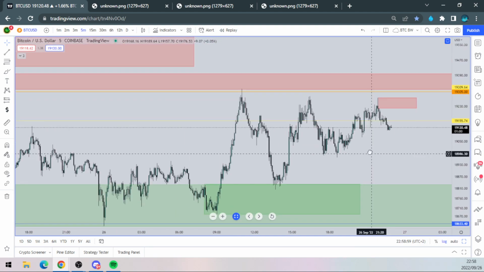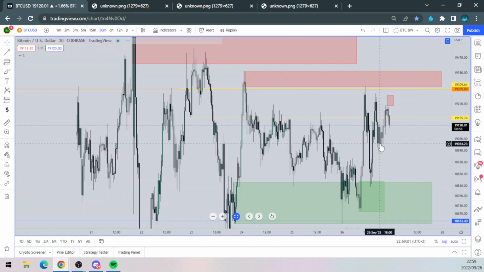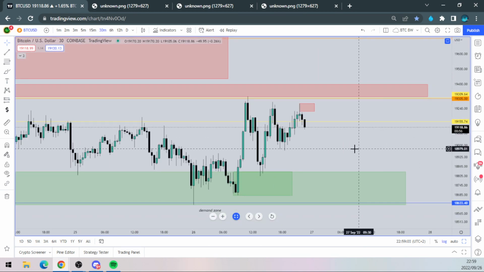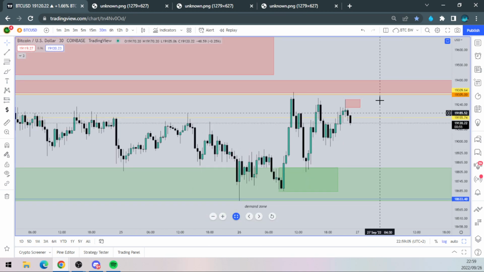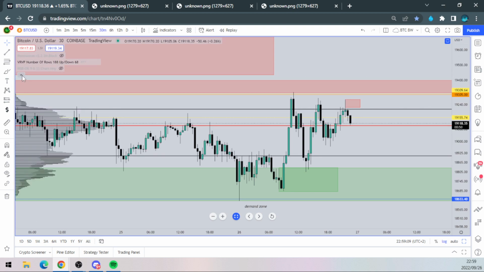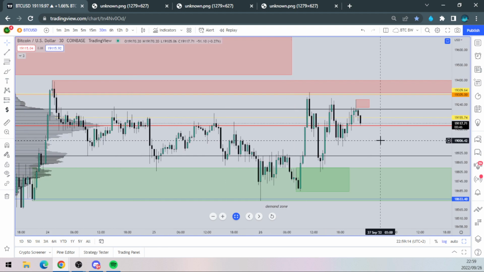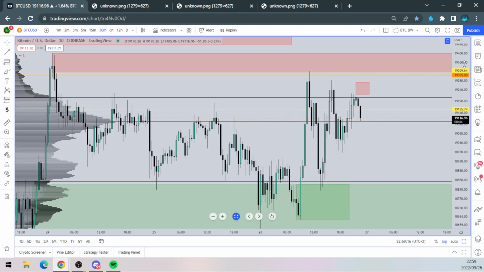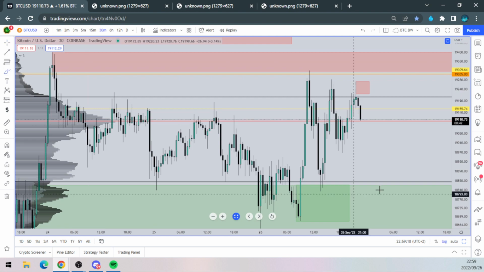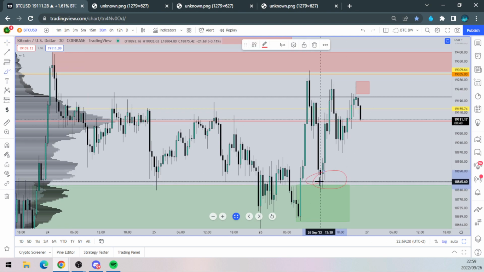Few things to note. The yellow lines, as I mentioned yesterday, were the 4-hour bearish order blocks. And if we just put on our visible range volume profile, you can see that price bounced off the value area low and rejected off the value area highs here, right up to this one.